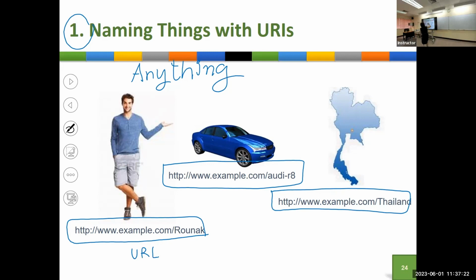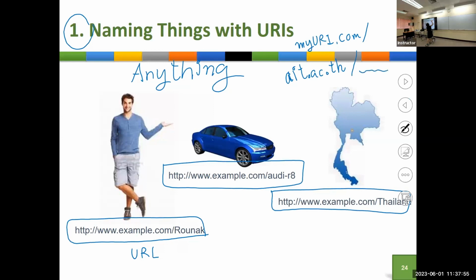So I might register, let's say, my URI. Suppose I just register myuri.com. And then I can name every object or resource that I want to describe under this. Or if we think about AIT, AIT already owns ait.ac.th.